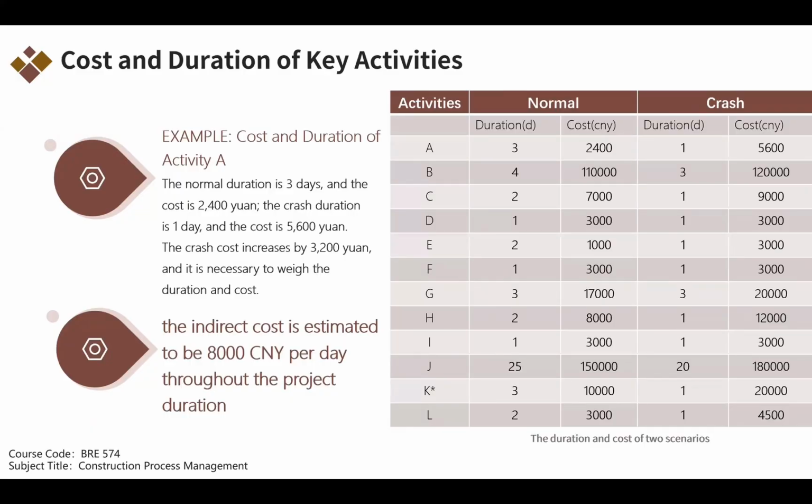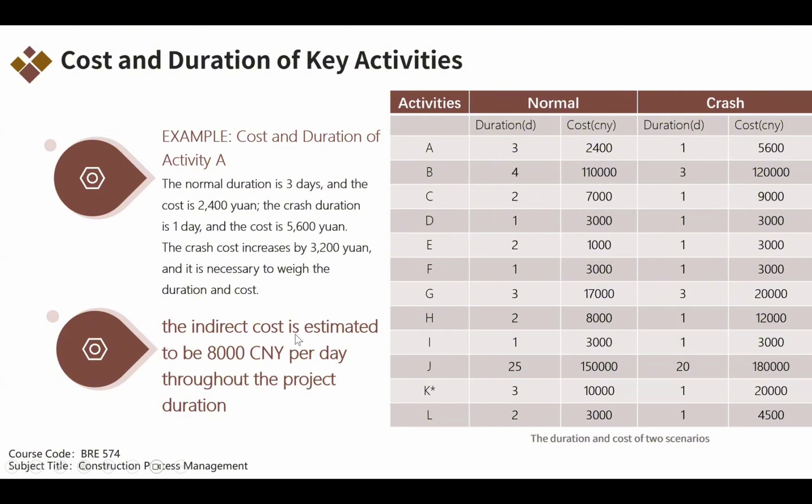The normal duration of activity A is about 3 days, and it costs about 2,400 yuan. The crash duration is 1 day, and the cost is 5,600 yuan. The crash cost increased by 3,200 yuan, so it is necessary to balance the duration and cost. According to the different activities analyzed, each has a normal and a crash duration and cost.